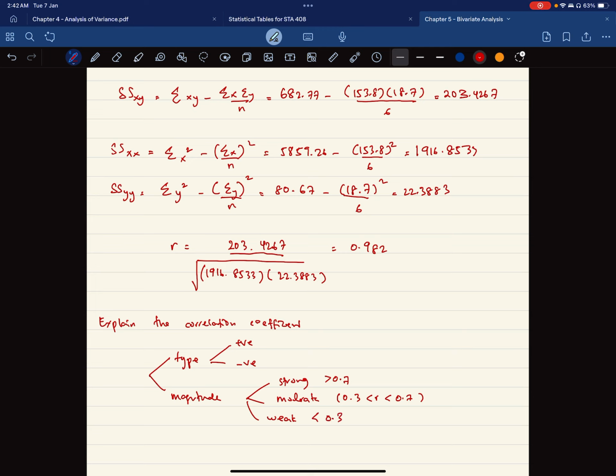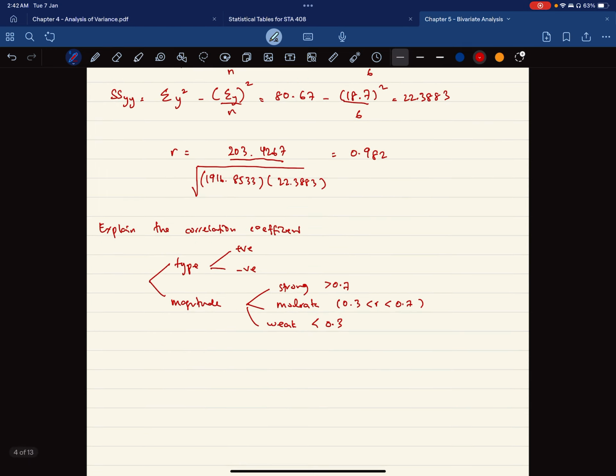For this particular r value, r equals 0.982. Is the magnitude strong, moderate, or weak? Since the value is 0.9, it belongs to strong.